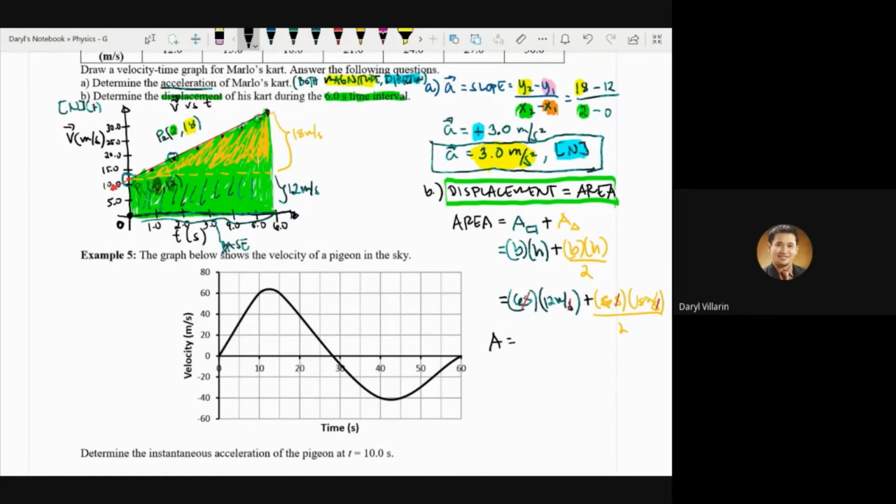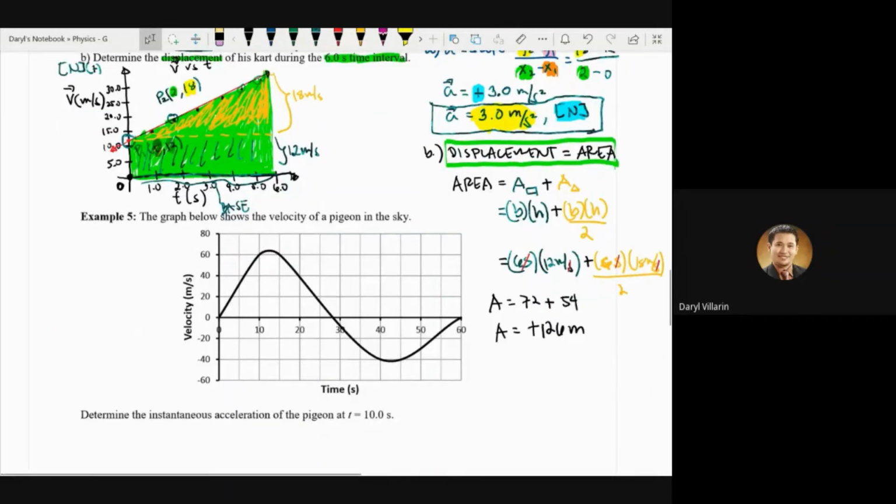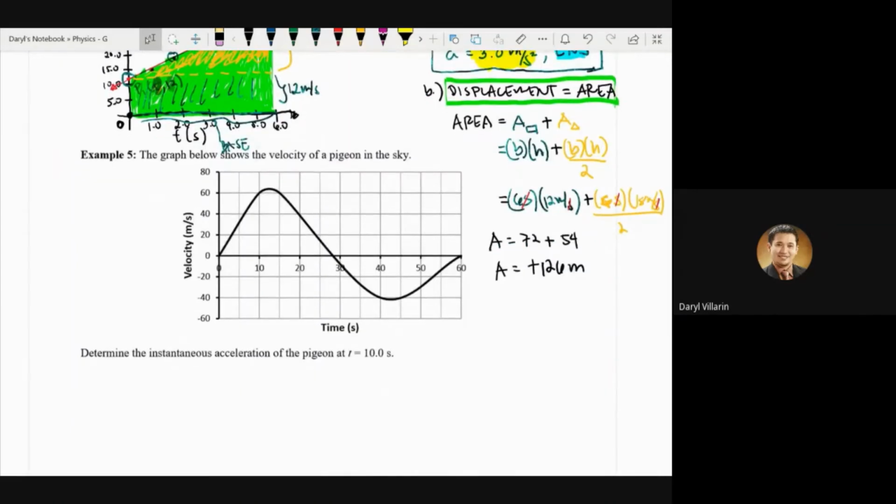Okay, so area is just equal to, I won't be rounding off here, 72 plus 54, right? If I add that, this gives me 126, positive meters. Remember that displacement is a vector quantity.